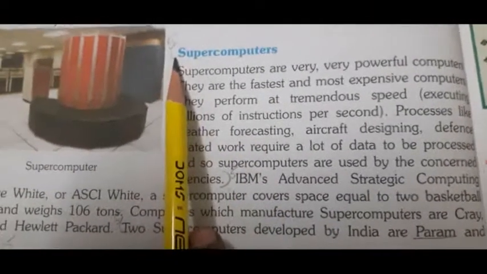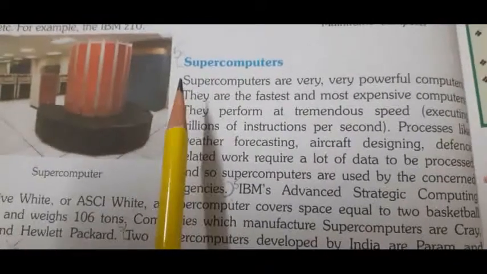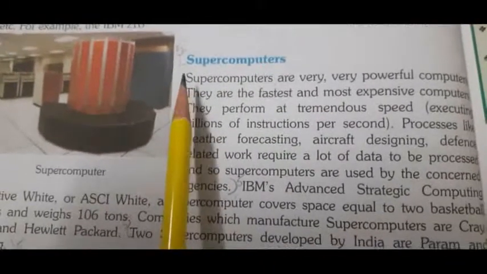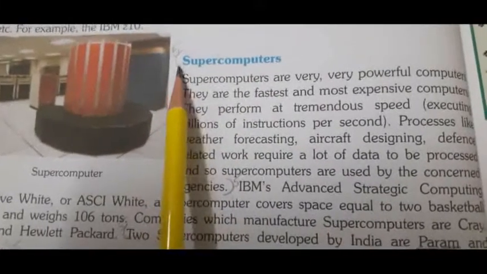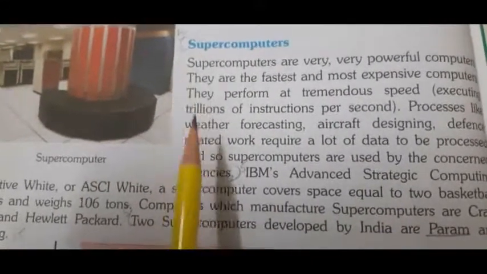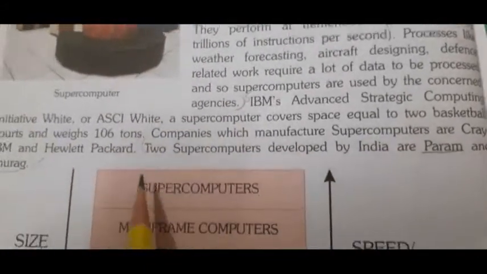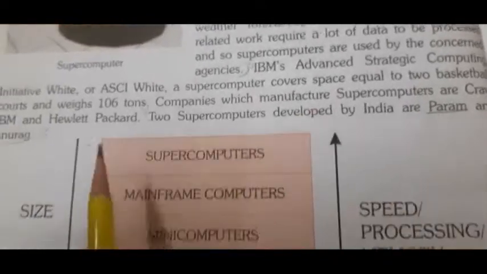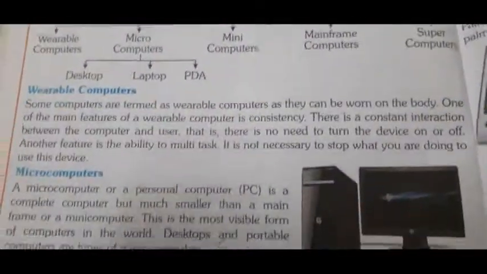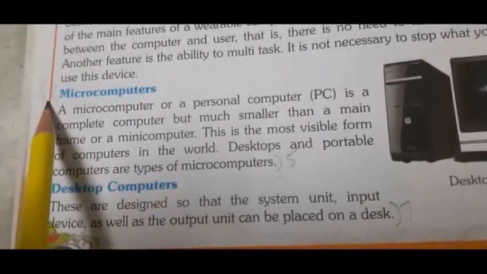Once again I am saying, fifth question answer, don't get confused, listen carefully. From the fifth question answer, page number 8, from supercomputers to agencies. After that, the last line, two supercomputers developed by India are Param and Anurag, that one. And in page number 6, see here, the microcomputer side heading.